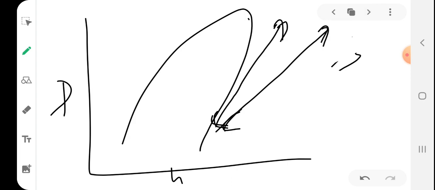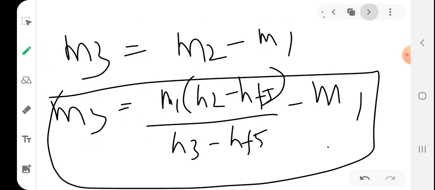So suppose I have compressed to this point and I have intercooled, it means I am arranging or shifting the line towards the dry saturated line, so that we can reduce the work. So that is the idea of applying intercooling.